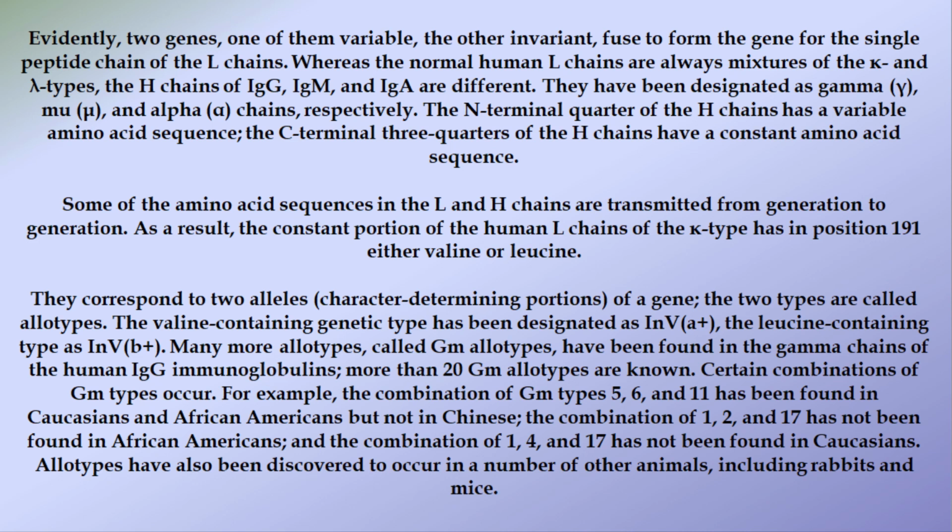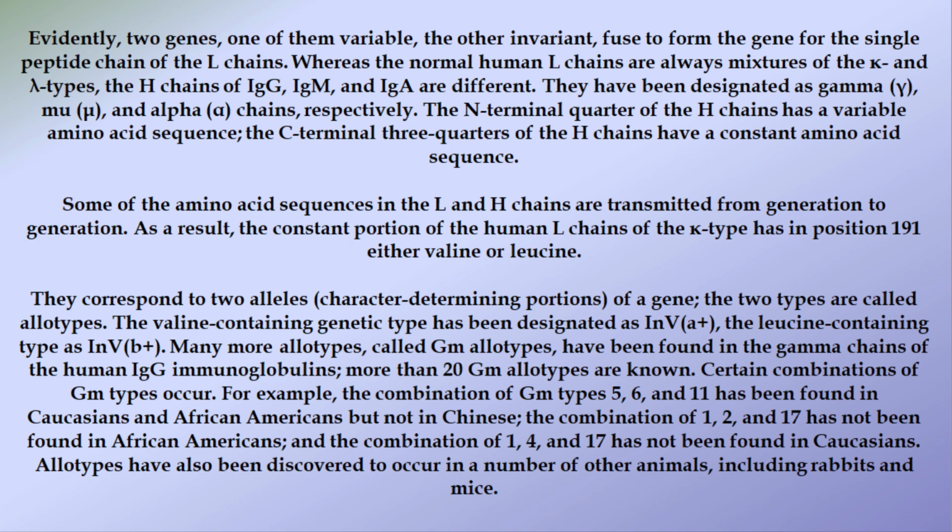Many more allotypes, called GM allotypes, have been found in the gamma chains of the human IgG immunoglobulins. More than 20 GM allotypes are known. Certain combinations of GM types occur. For example, the combination of GM types 5, 6, and 11 has been found in Caucasians and African Americans but not in Chinese.